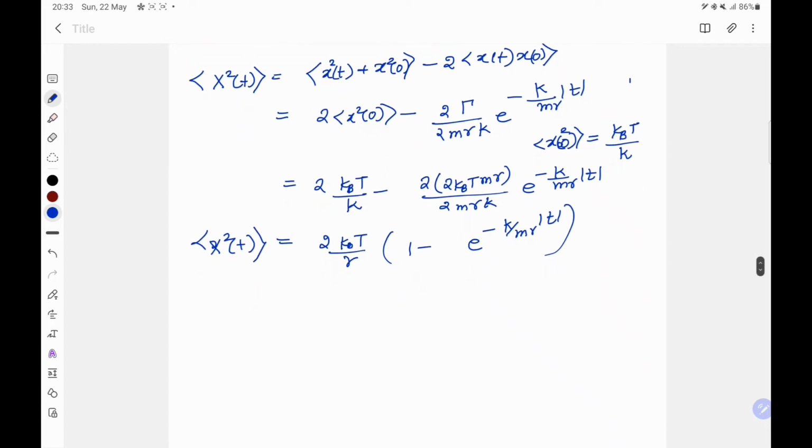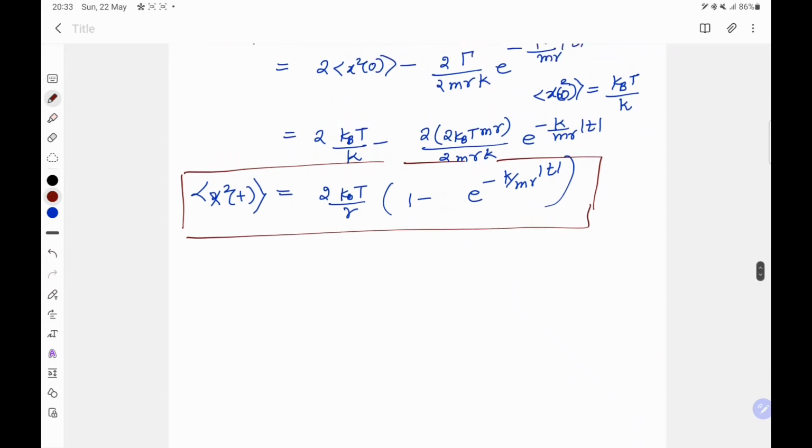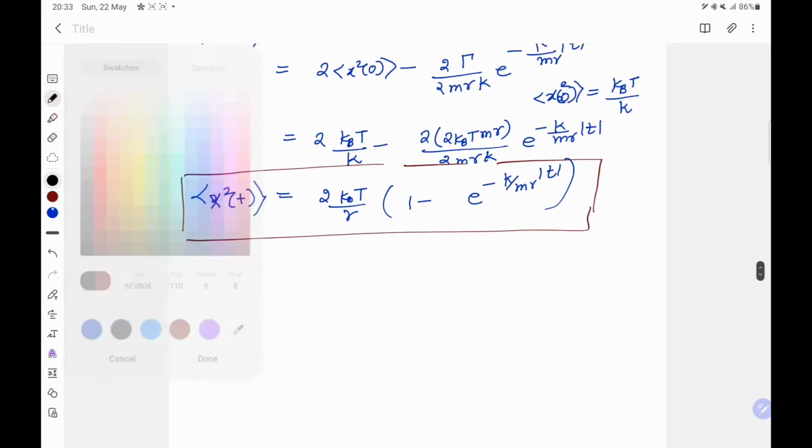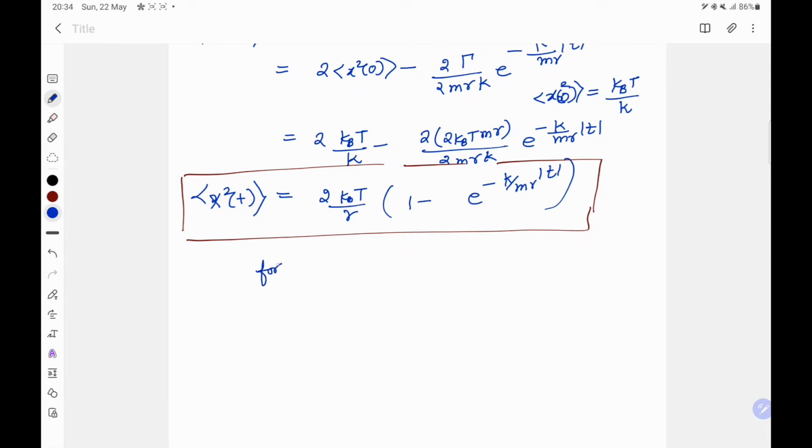Okay, so this is your mean square displacement. Now you can see that this mean square displacement for time, okay, so time dependence we will see later. First let us derive the expression for the velocity correlation as well.